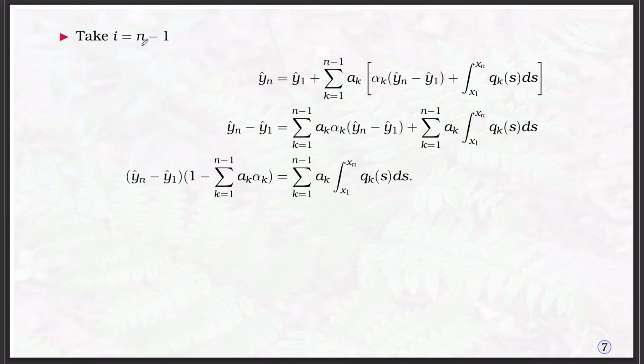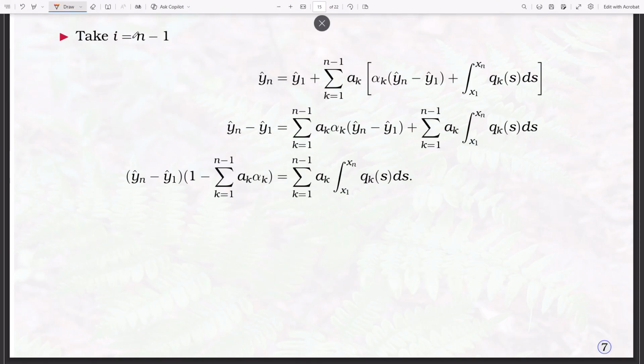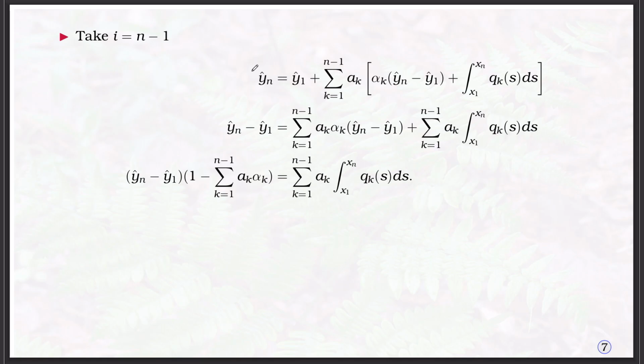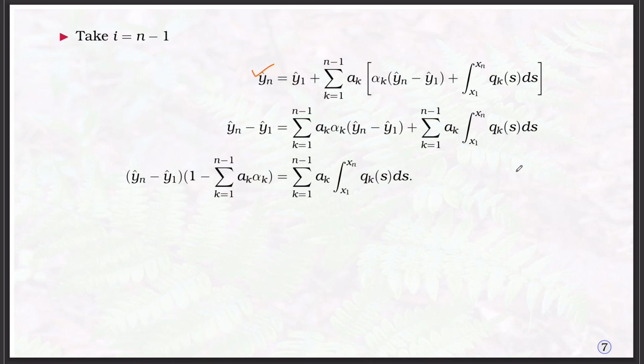Then take i equal to n minus 1, and one can get the endpoint, the nth term. So the nth term yn cap is obtained if you replace the i value as n minus 1 here.